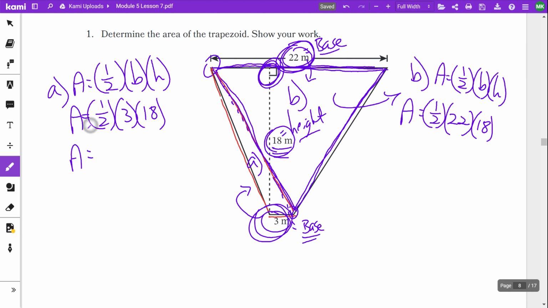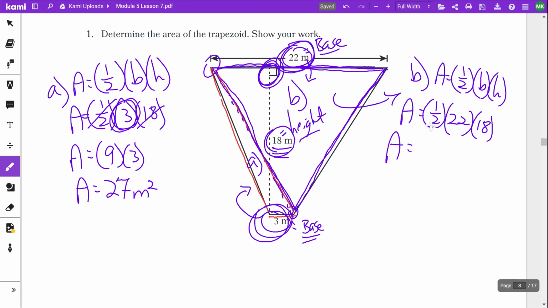On this side, I want to do 1/2 of 18 first. So 1/2 of 18 is 9. Don't forget this 3, so 9 times 3. So area equals 27 meters squared. That's that triangle. On the other side, let me do 1/2 of the 22, which means I get 11 times 18.